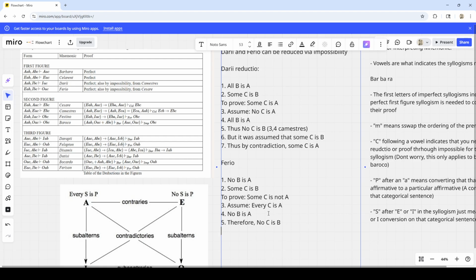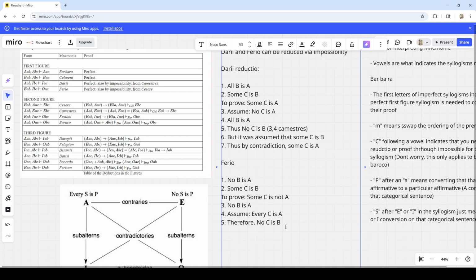Now, you can also switch the ordering of the premises, because Cesare is an EAE syllogism. So right here, this is a switch, by the way. So we restate premise 1, no B is A, and then every C is A. We have to switch it, remember?